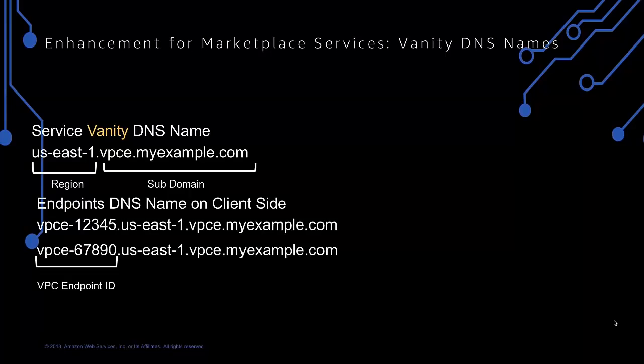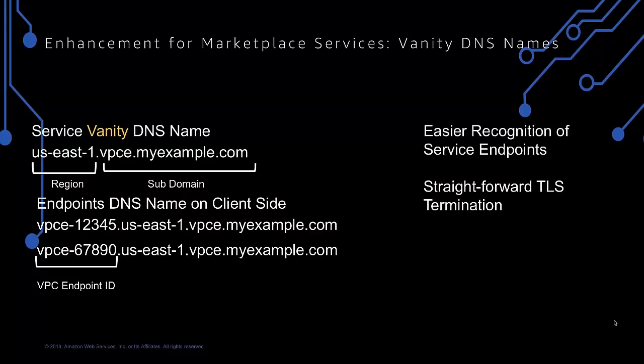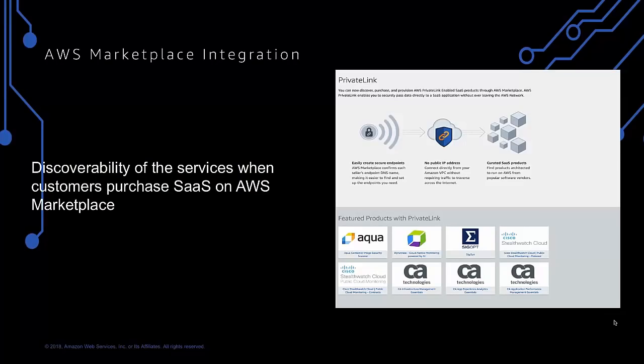Speaking of Marketplace, what the model really looks like is, if you're looking to consume some of the SaaS products that are offered on AWS, a subset of those are offered through the Marketplace. As you're consuming that service, you can go in and say, I'm consuming this service off of Marketplace, and I'd really like the endpoint for that service because I know it's on AWS. I don't want to go over the internet to access that.